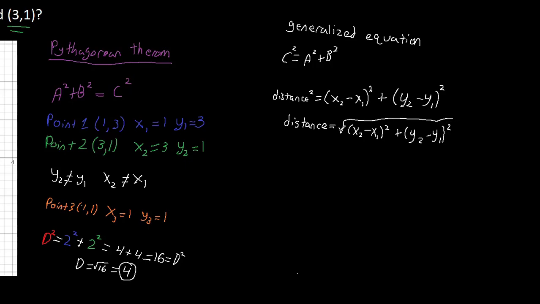So what we've done here is we've taken the Pythagorean theorem, substituted in our 2 points, so we have coordinates to work with, and generalized an equation where given 2 points that don't share an x or a y, we can go directly to this distance. We plug everything into this formula here. Hopefully you can memorize it: distance equals the square root of x2 minus x1 squared plus y2 minus y1 squared.